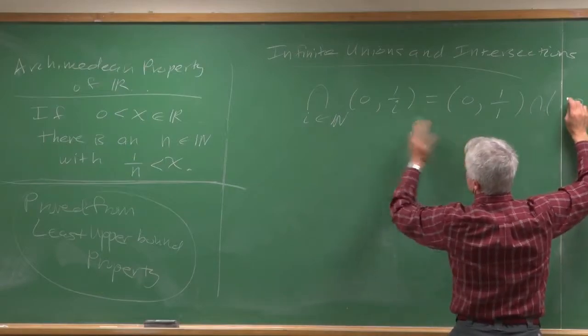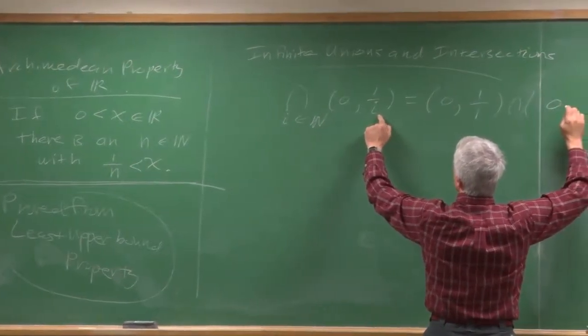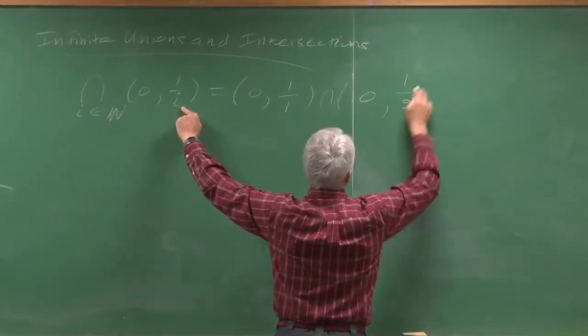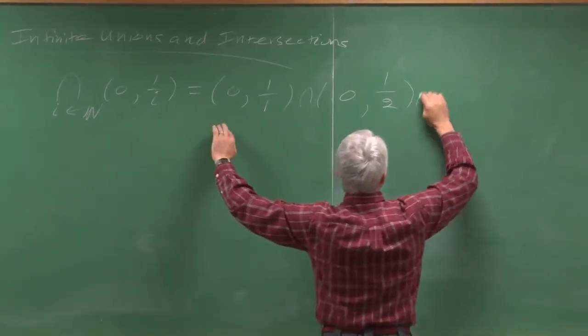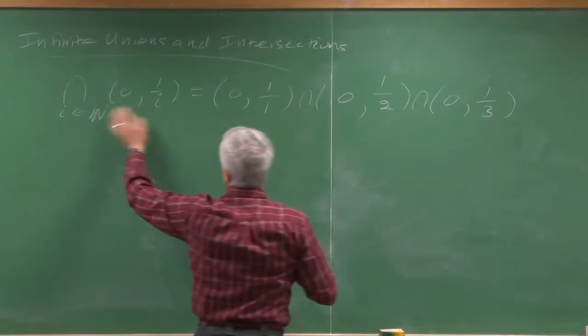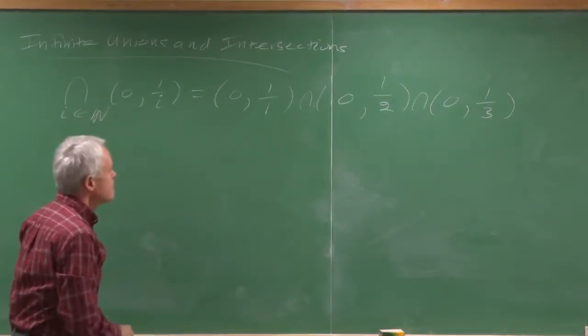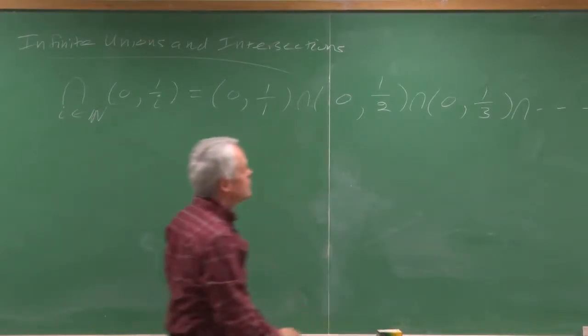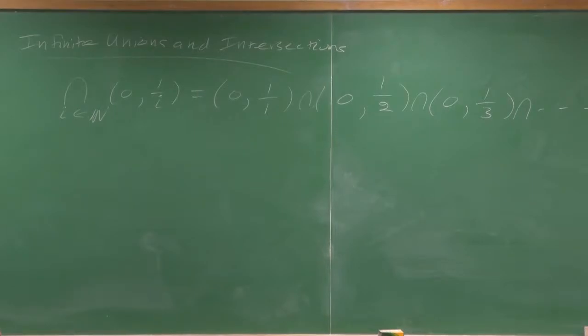And you could pick 2, and then you'd have the interval from 0 to 1/2. You could pick the interval from 0 to 1/3 when your i is 3. But I can't write infinitely many things. And so this is kind of a nice, handy notation for that.